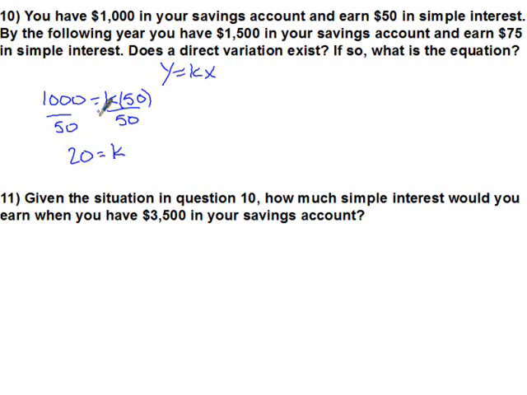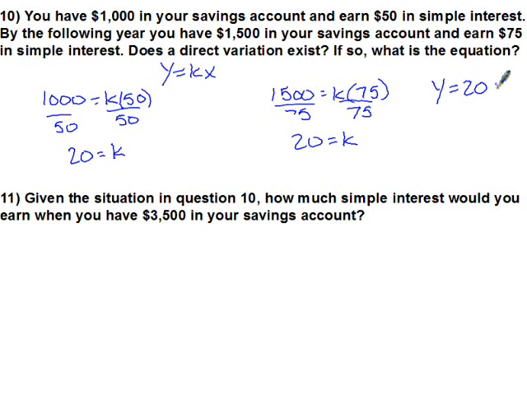So for the first one, k is 20, so let's check the second one. 1,500 equals k times 75. Divide by 75 on both sides. 1,500 divided by 75 is also 20. So my equation is y equals 20x.